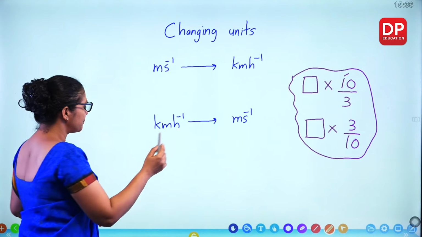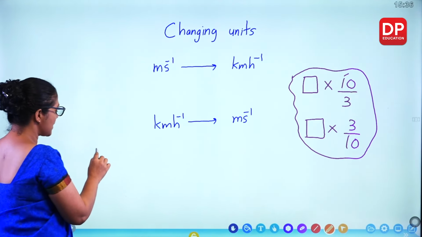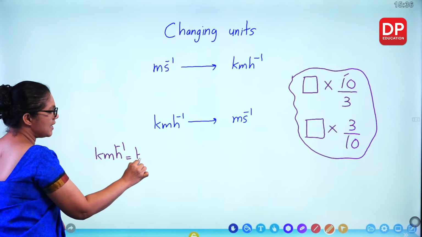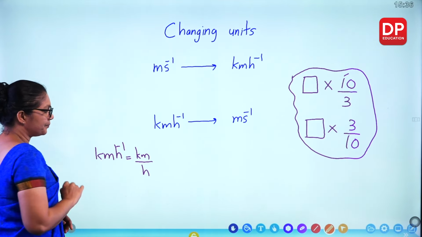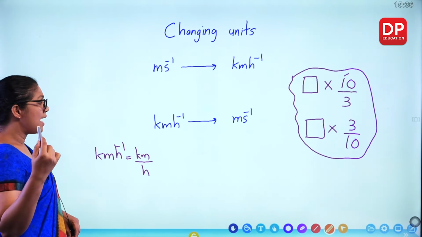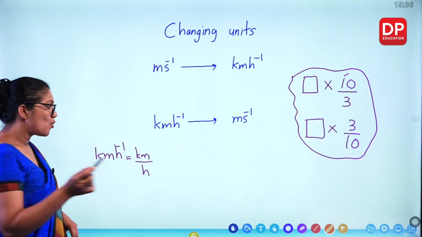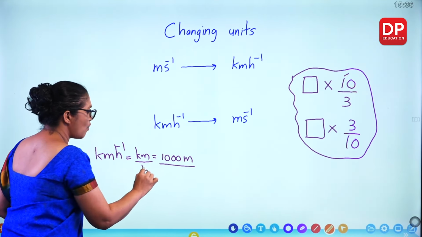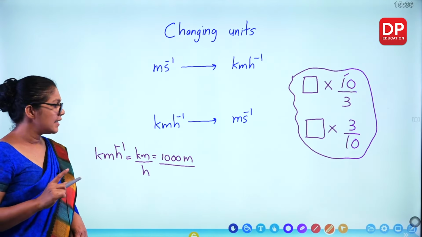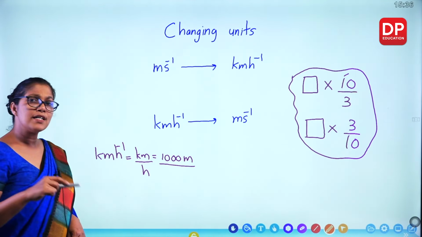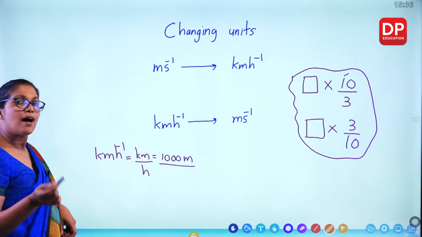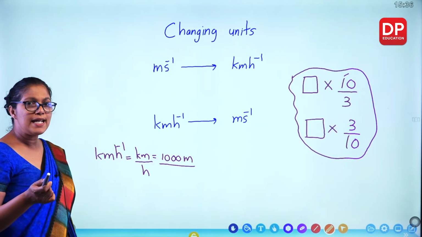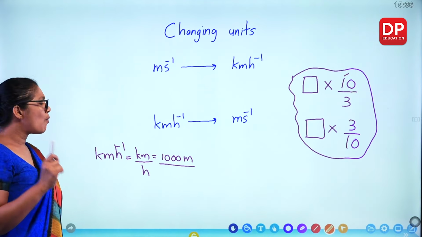Now we'll take kilometers per hour first. This means kilometer divided by hour. Kilometer and meter, what's the connection? 1000 meters for 1 kilometer. Then hours and seconds, what's the conversion? 60 seconds for 1 minute, 60 minutes for 1 hour.